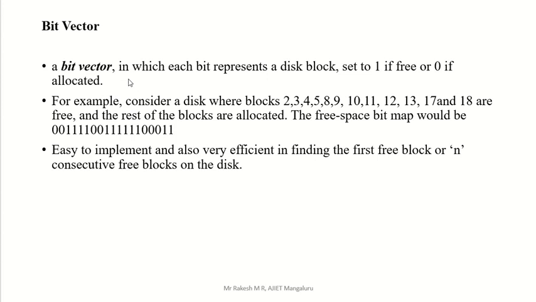So what do you mean by bit vector? With one line we can explain that. It is a bit vector in which each bit represents a disk block. Each bit will represent a disk block.